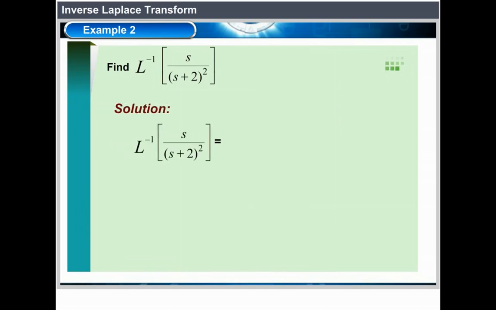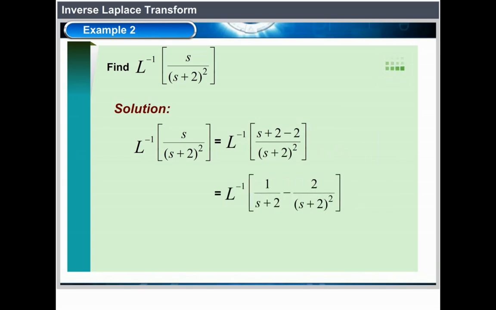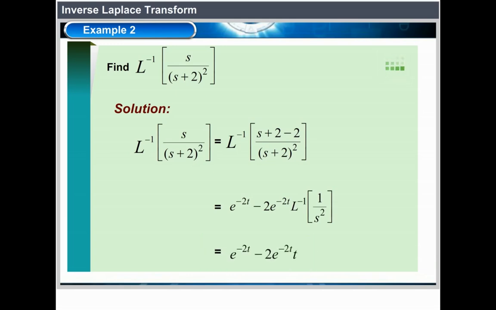L inverse of s divided by (s plus 2) the whole square equals L inverse of (s plus 2 minus 2) divided by (s plus 2) the whole square equals L inverse of 1 by (s plus 2) minus 2 into L inverse of 1 divided by (s plus 2) the whole square equals e power minus 2t minus 2 into e power minus 2t into L inverse of 1 divided by s square equals e power minus 2t minus 2 into e power minus 2t into t.